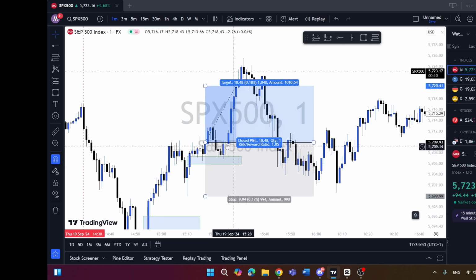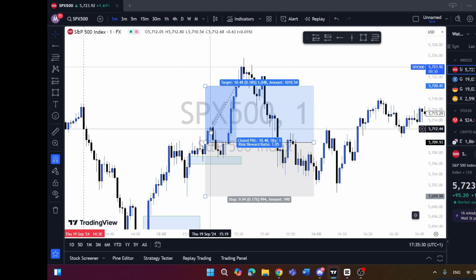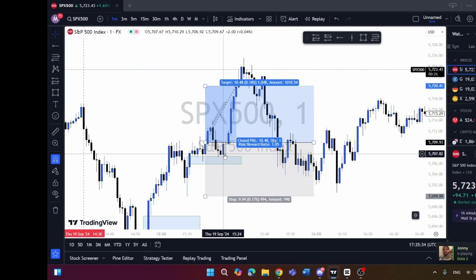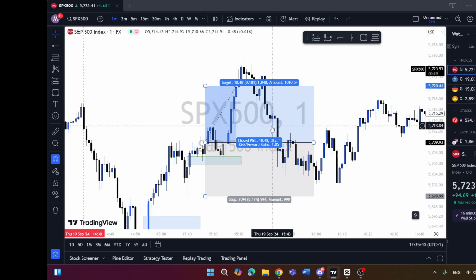However, what happened was the price dipped back into this fair value gap, and then this is a candle which determines if the price will shoot up or not, and the price shot up, went further back down again, and you could have entered here, which would have been an even better position, but it basically shot up, broke the all-time high, and then it retreated.